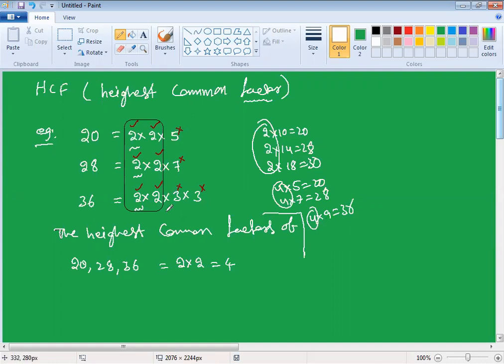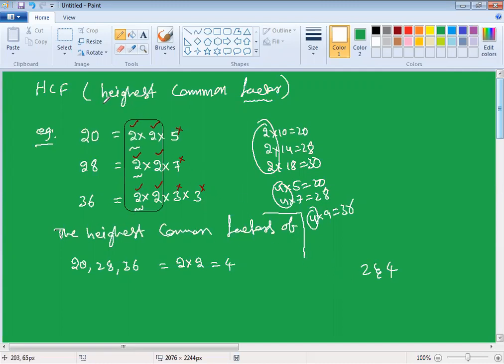And after that, check with 5, only 20 is possible. 6, only 36. 7, 28. 8, no chance. There is no possibility with 8. Like that, if you check here, 2 is possible, 4 is possible. 2 is a common factor for 3 numbers. 4 also is a common factor for 3 numbers. 2 and 4 are common factors for 20, 28, 36.